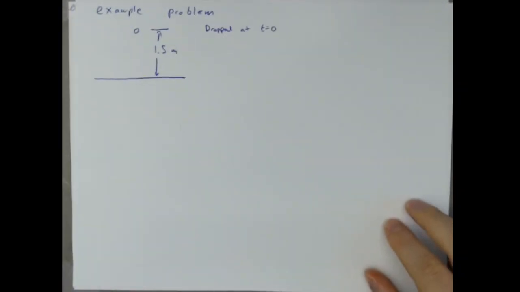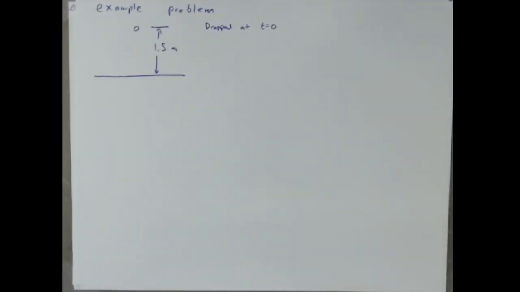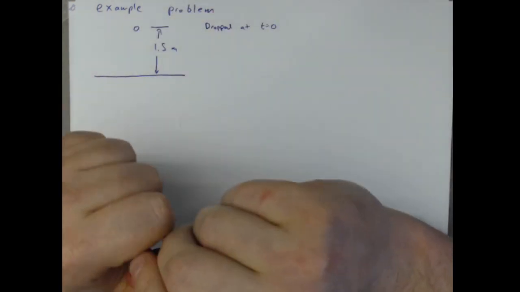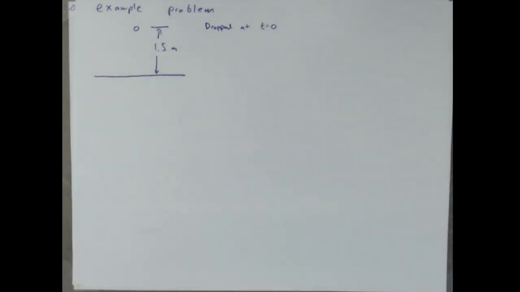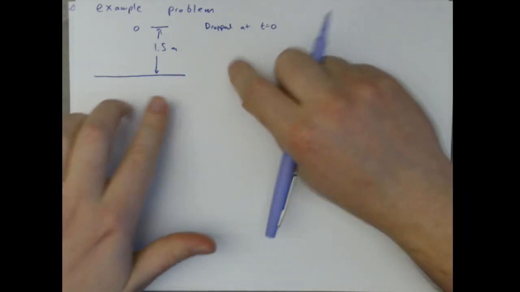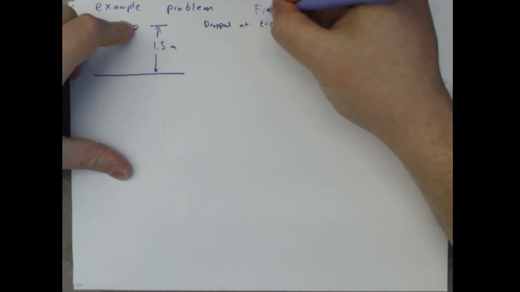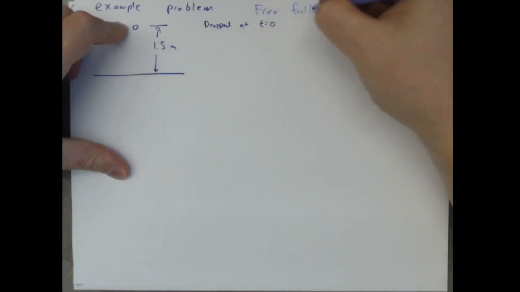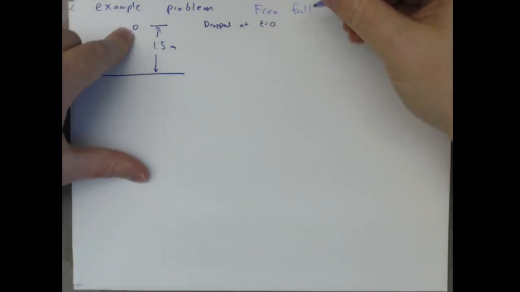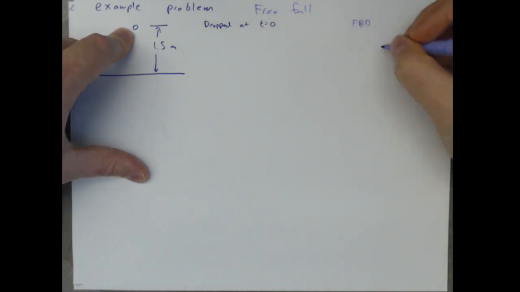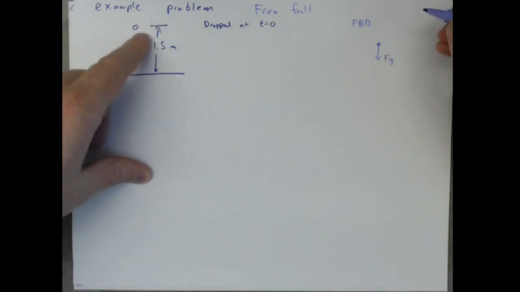So I have this example problem. At time equals 0, I'm going to drop a ball and it's 1.5 meters from the surface of the Earth. In this case, this is what we call free fall, so the only force acting on it is gravity. I could draw my free body diagram, and it's not in contact with anything.